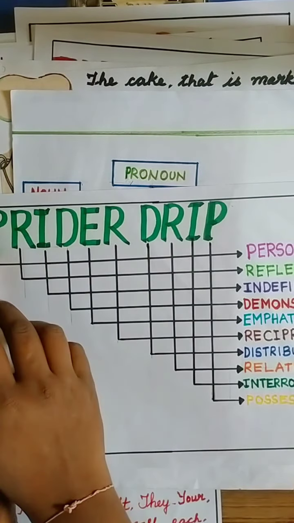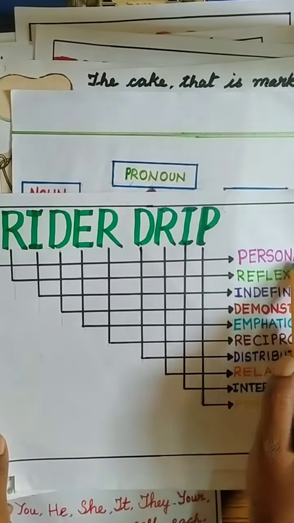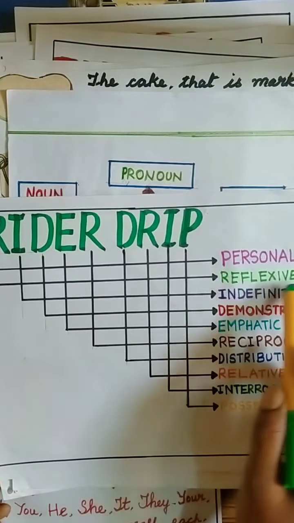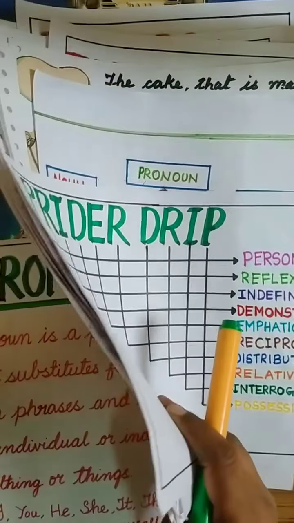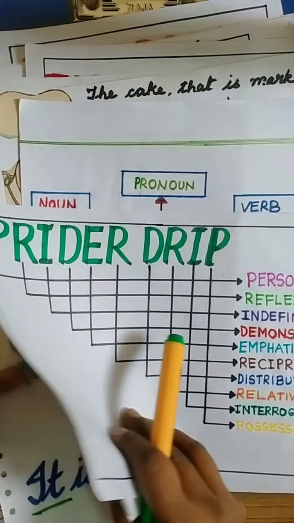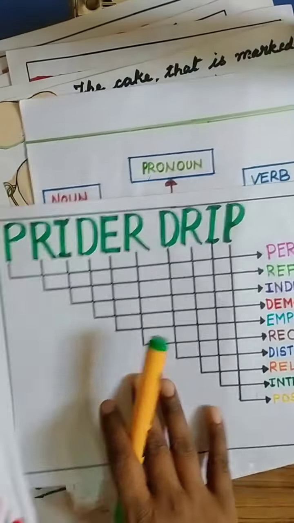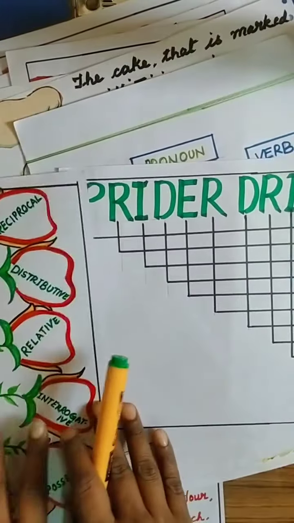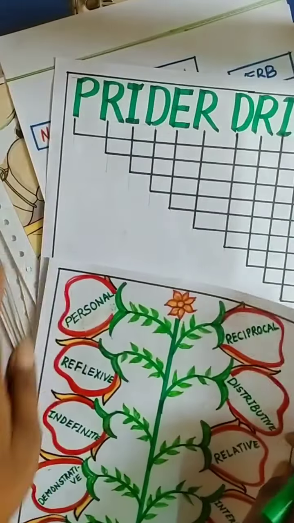So prider: P refers to personal, R refers to reflexive. Hope you all understood this one.